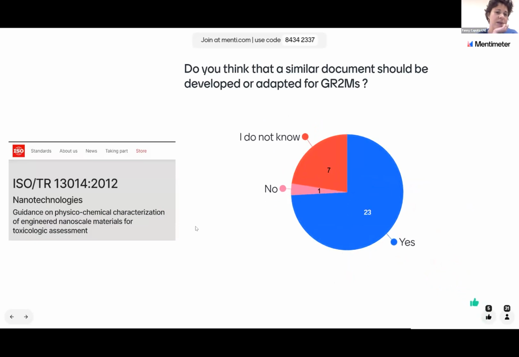The idea would be really to specifically define the minimal set of physical chemical parameters that are necessary to measure and associate to the outcome of the toxicological assays.